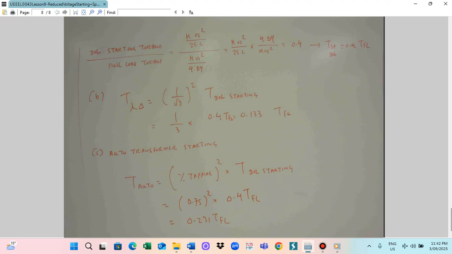So this means that the ratio of the direct online starting dot and the full load dot is 0.4. This is how we get the direct online starting situation.